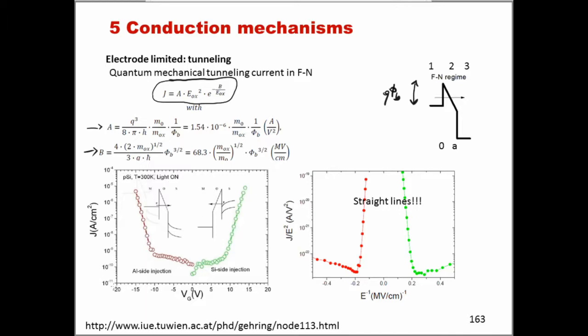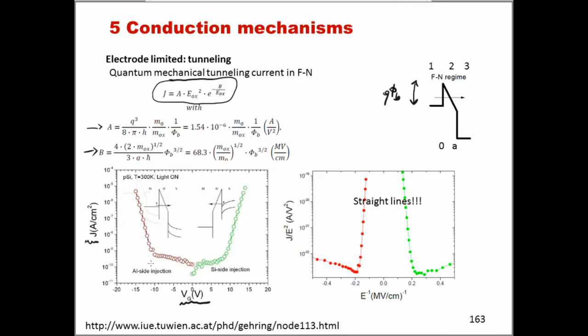In these plots down here we can see an example obtained from an MOS device. So we see here the tunneling current J versus the gate bias applied on the metal gate. Our MOS device's band diagram is represented here: metal, an oxide that in this case was silicon dioxide, and a silicon semiconductor.